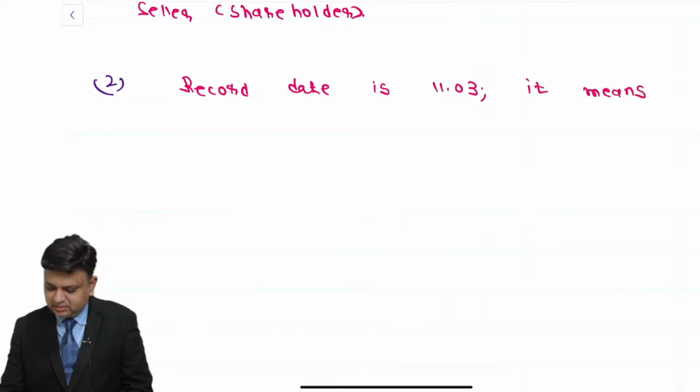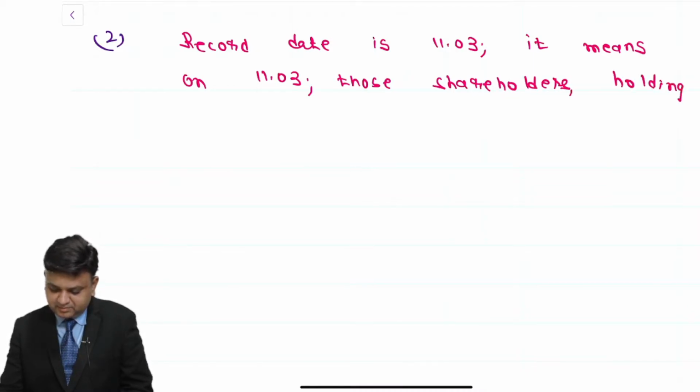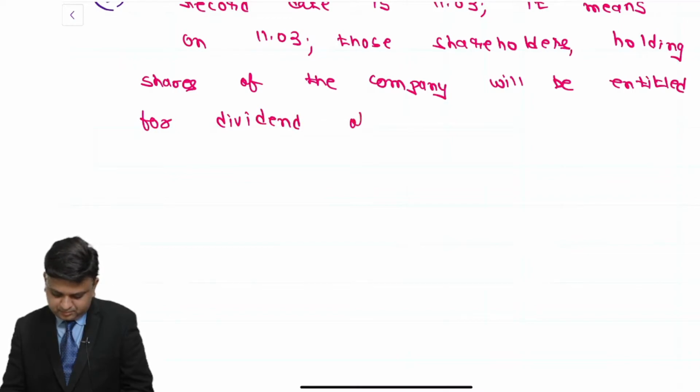It means on 11th of March those shareholders holding shares of the company will be entitled for dividend of rupees 3.